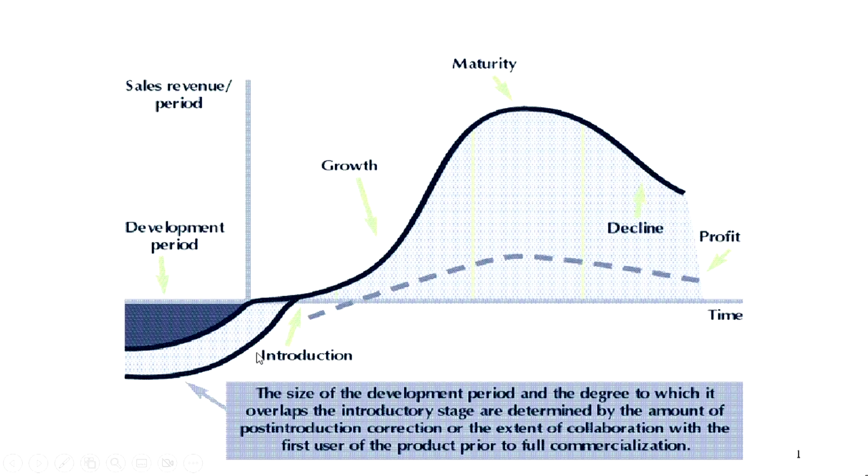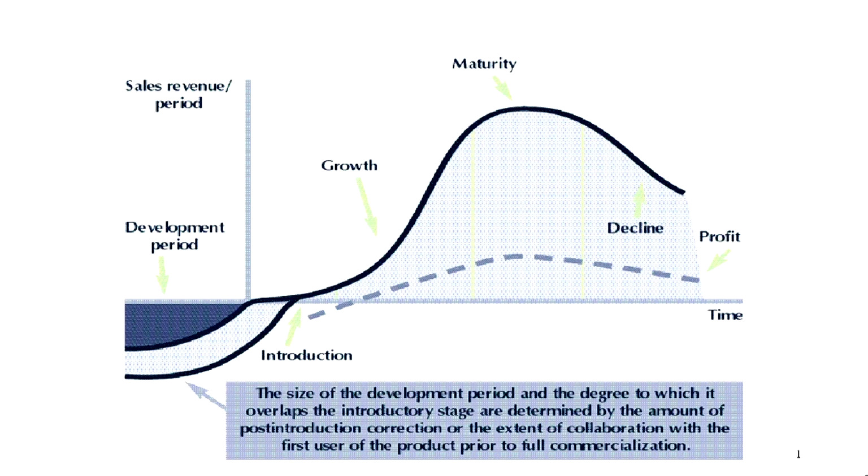So, the size of this development period may initially start here, but it might actually get expanded with some post introduction inputs coming from the marketplace, from the customers, and as a result of which some modifications are done.